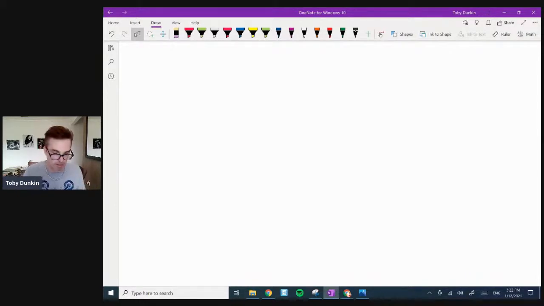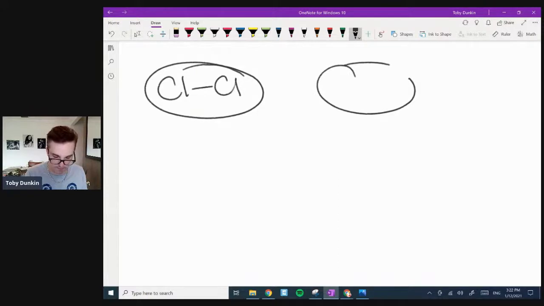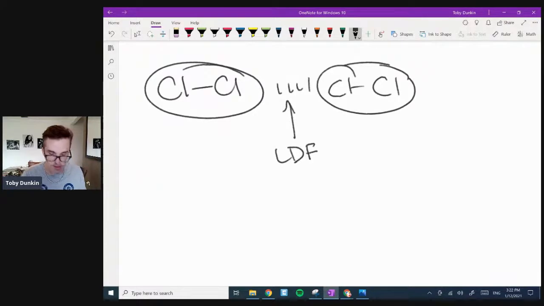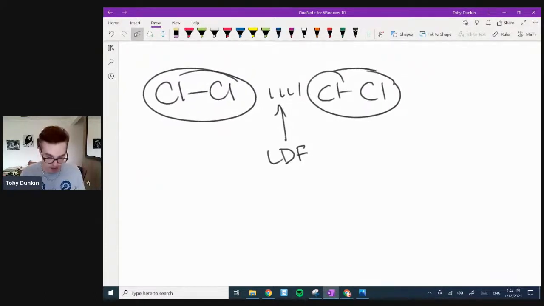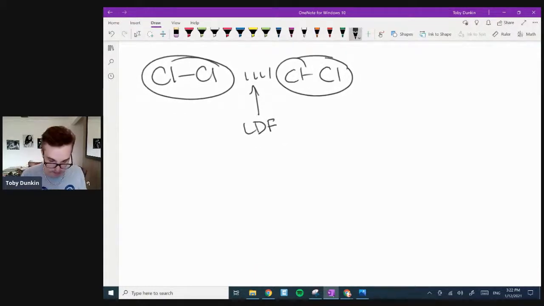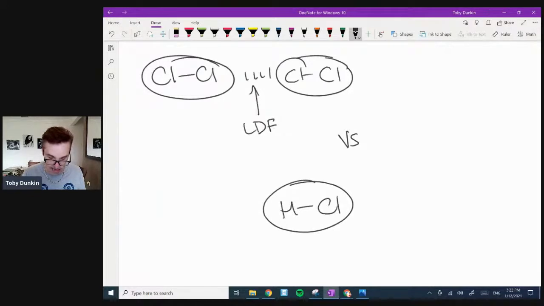So, for example, if you were going to compare chlorine, LDF. So this here is an LDF. We know that there is a London force, and that force is going to be weak. But you cannot compare that to the HCl DDs.